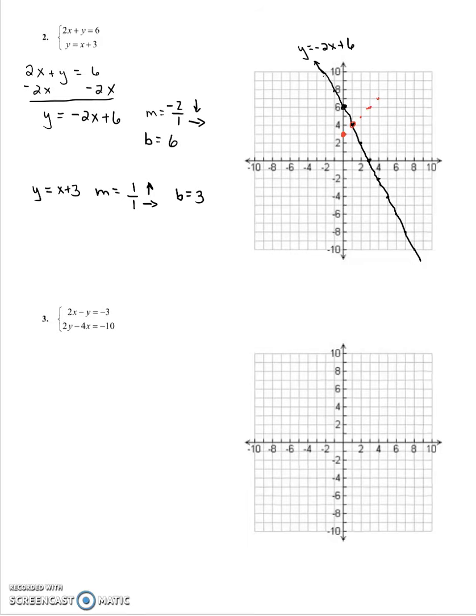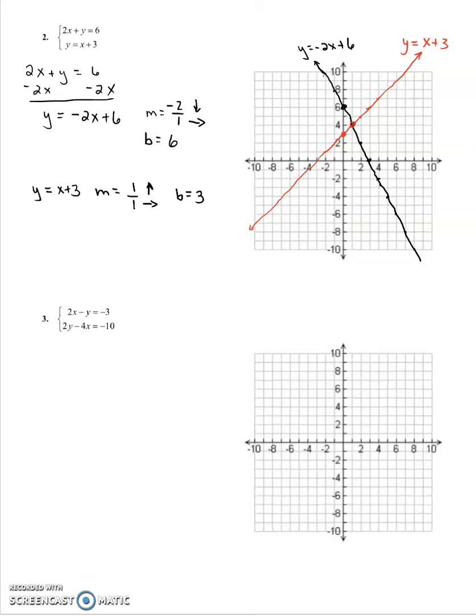And then we connect the dots. So that is our y equals x plus 3.